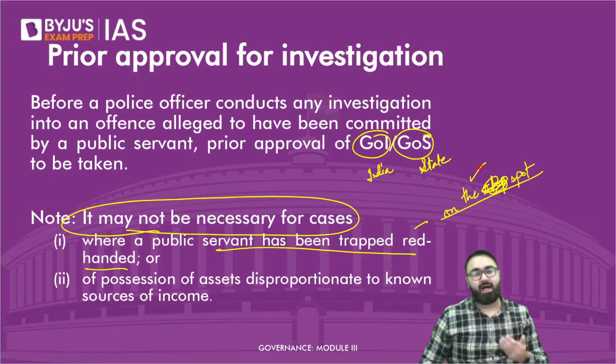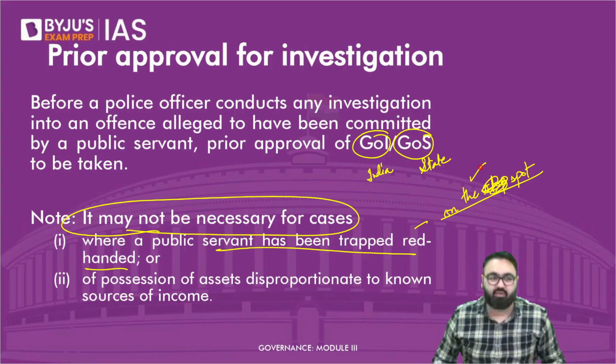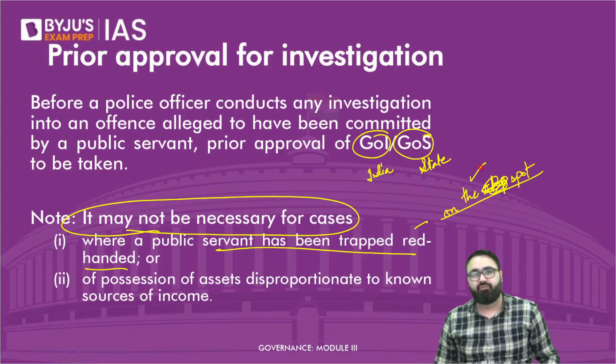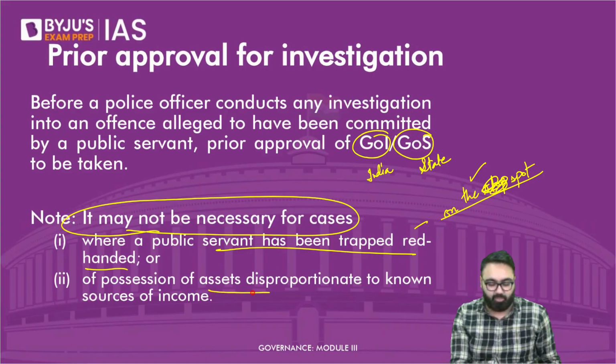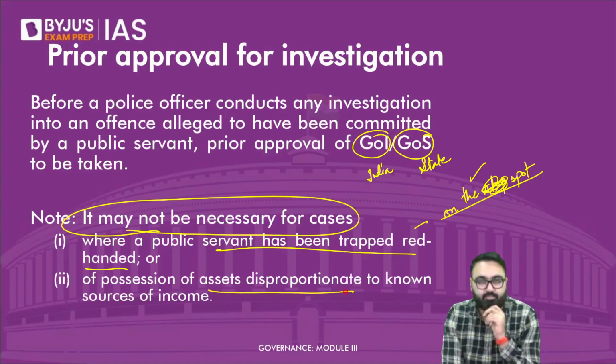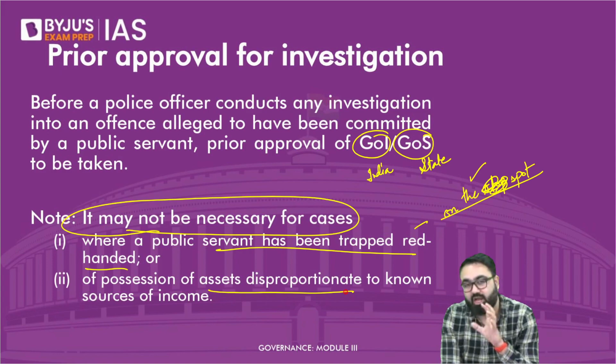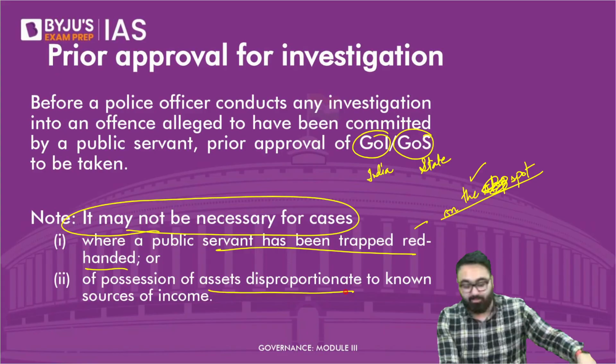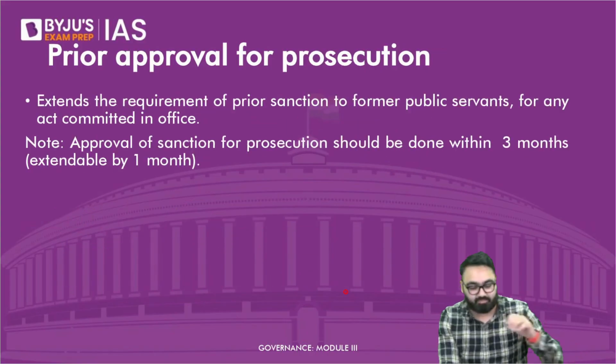One other circumstance when you don't require the government's permission is if there is a case of disproportionate asset. If there is a case of disproportionate asset, again, you do not require the government's permission before starting the investigation. You don't require the government's permission in both of these cases.